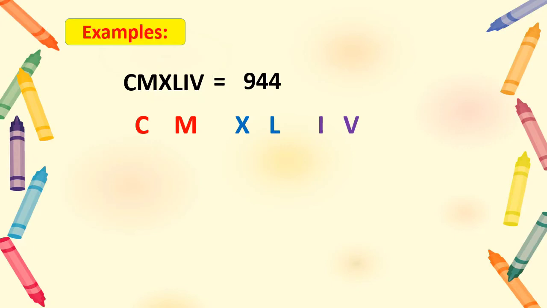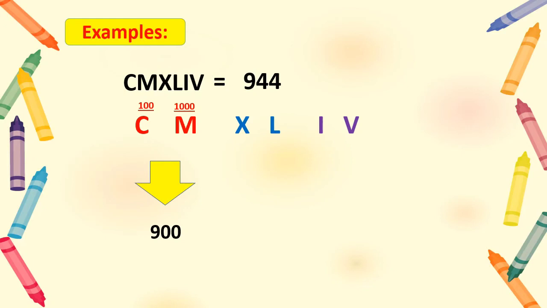The CM represents 100 and 1000. And because the smaller C or 100 is written before a larger M or 1000, we must subtract C from M, which is equal to 900.